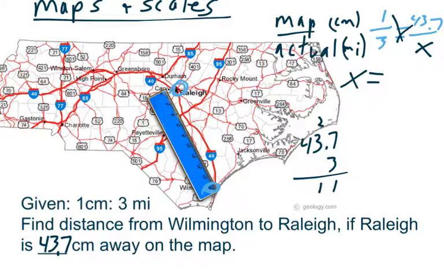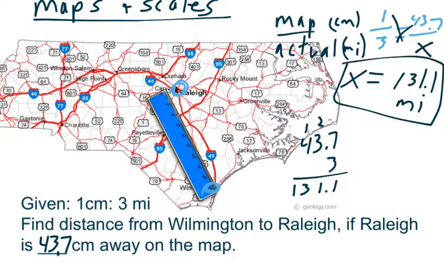And then I get 12 plus the 1 is 13. I have one number behind the decimal, so I need to have one number behind the decimal there. So I get 131.1 miles. And that's the actual distance from Wilmington to Cary.